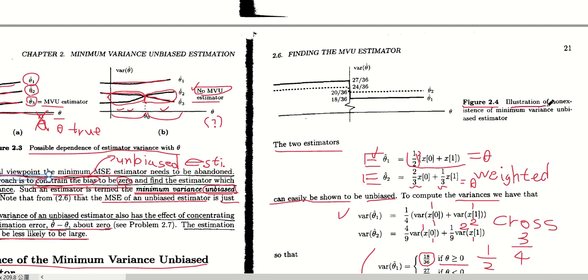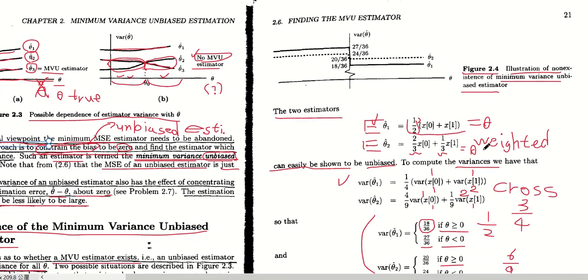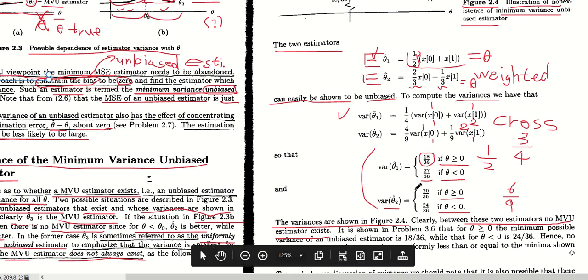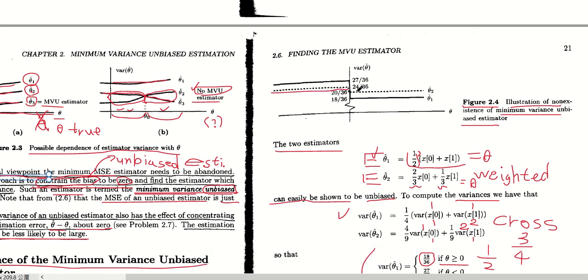2.4. The illustration of the minimum variance unbiased estimator. Okay, so let's see. Between these two estimators, no MVU exists, because if we plot this on the figure, we see that this is theta 1, theta 2, and theta 1 this way.